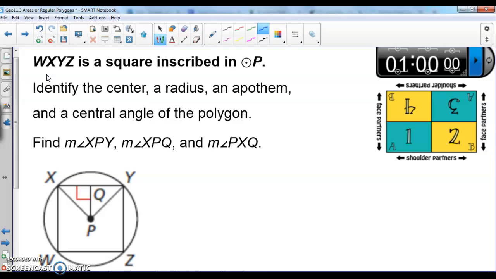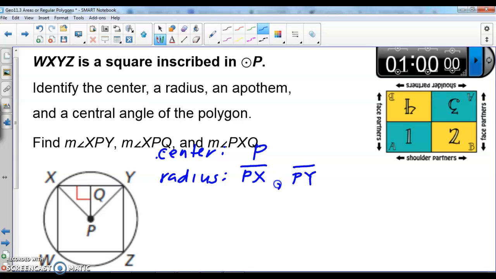WXYZ is a square inscribed in circle P. Identify the center. So the center is point P. Identify a radius. Well, there's a lot of possible radii, but PX is explicitly drawn.